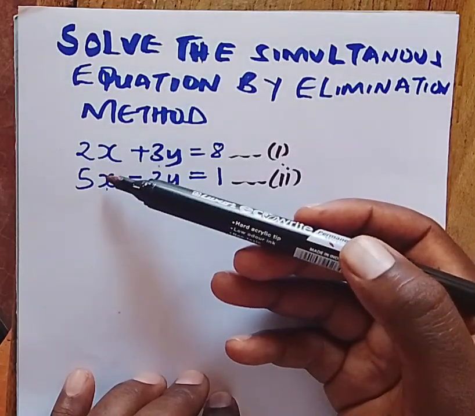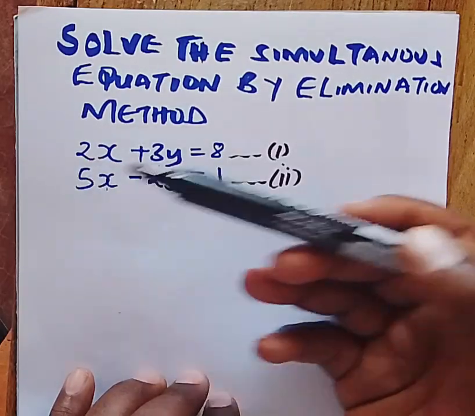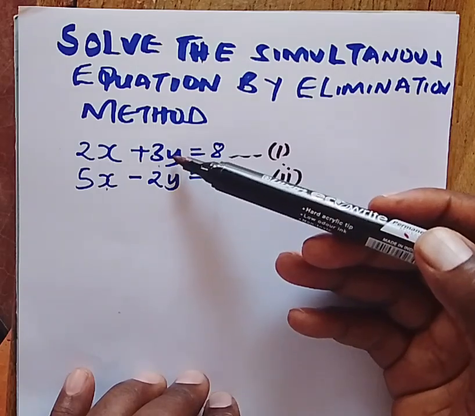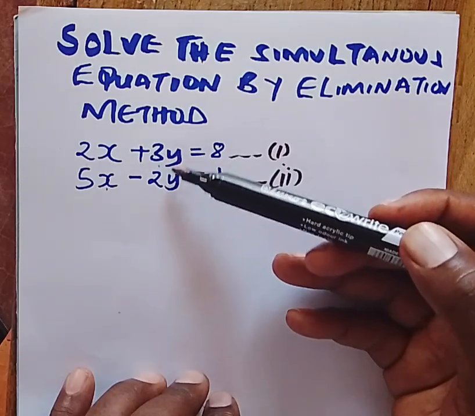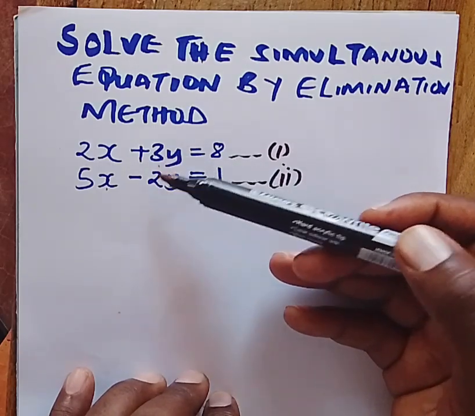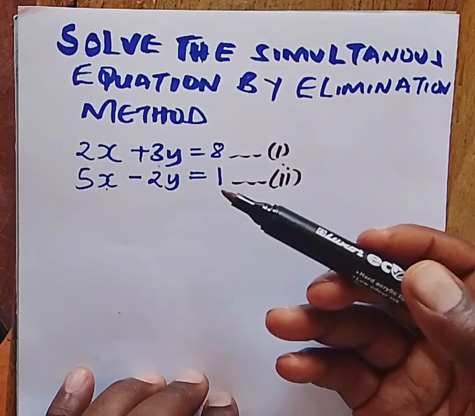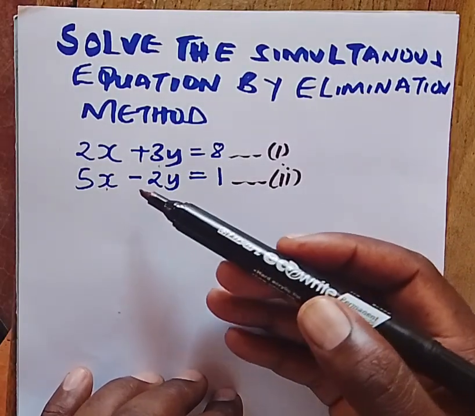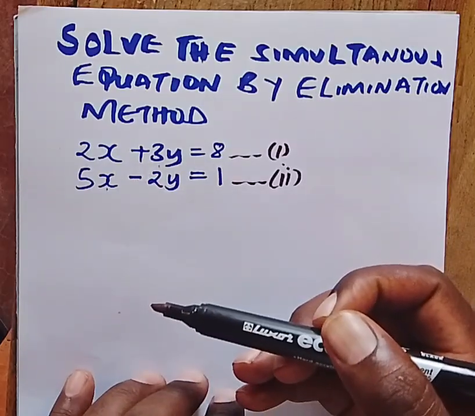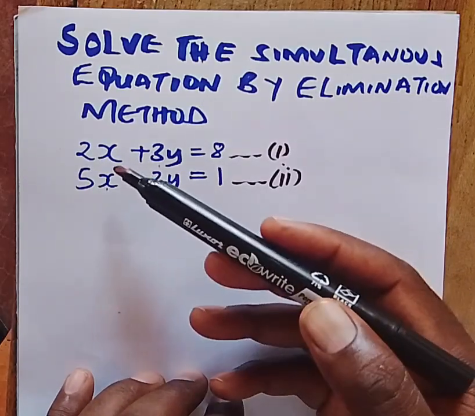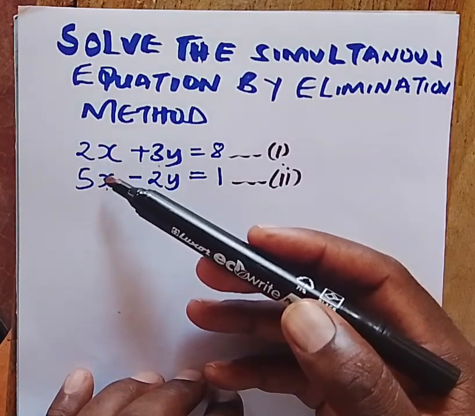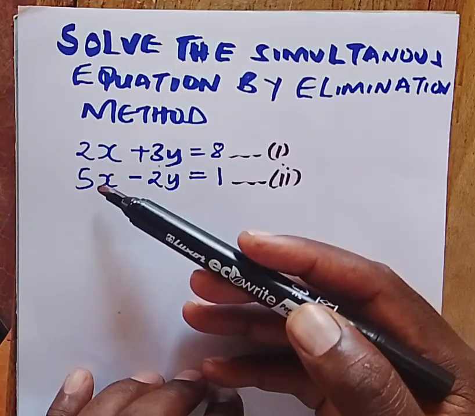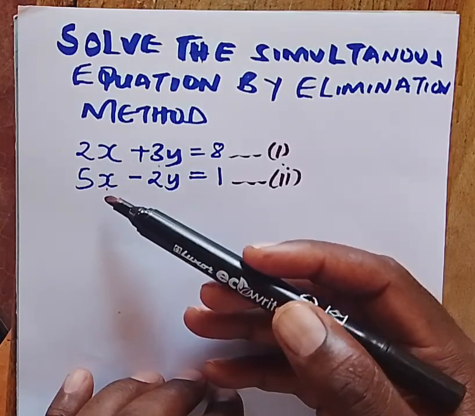Here we cannot eliminate x because 2 and 5 are not equal, and we cannot eliminate y because 3 and 2 are not equal. If they are not equal, we attempt to make them equal by looking at a similar term, looking at its coefficient, then finding its LCM.